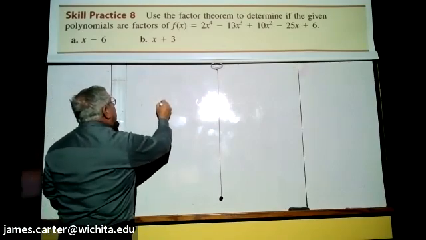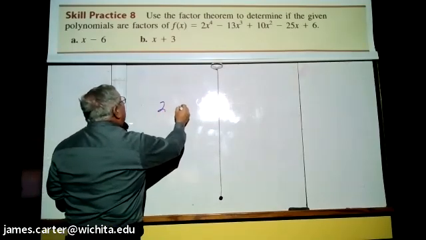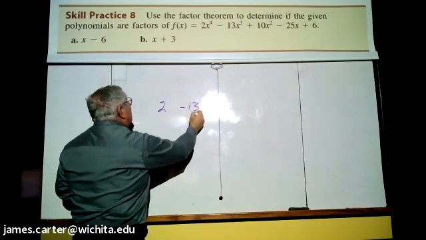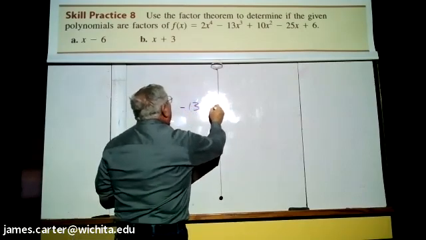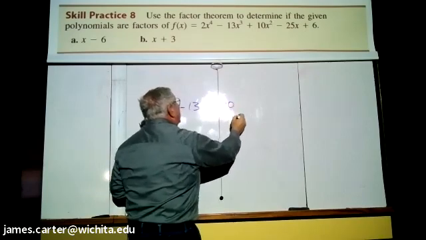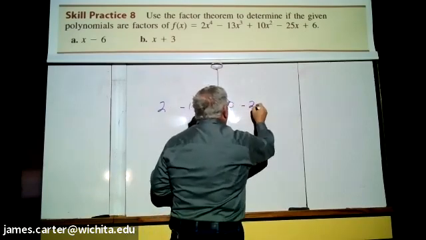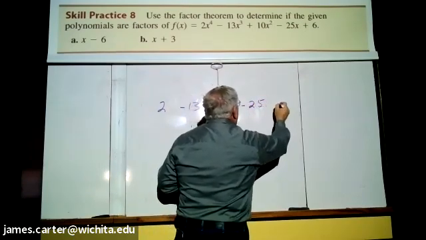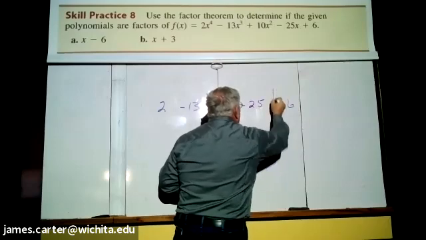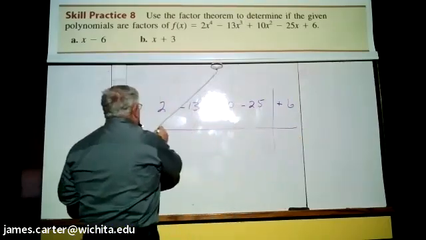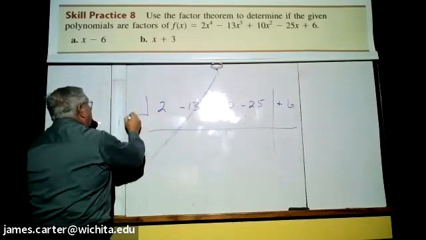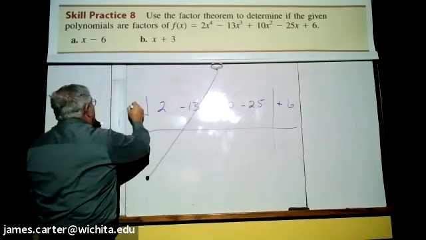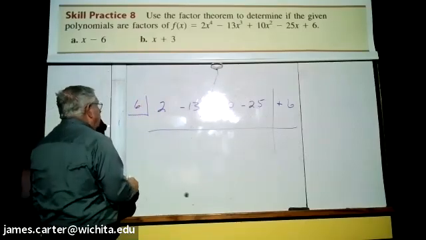Okay, so I've got 2, negative 13, positive 10, negative 25, and positive 6. This time I'm going to divide by positive 6.